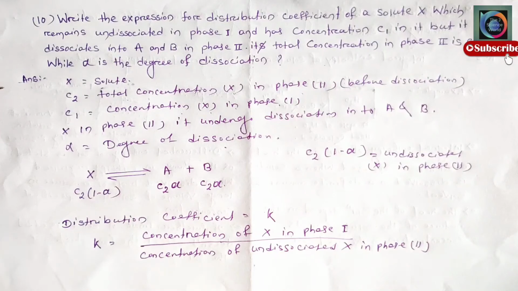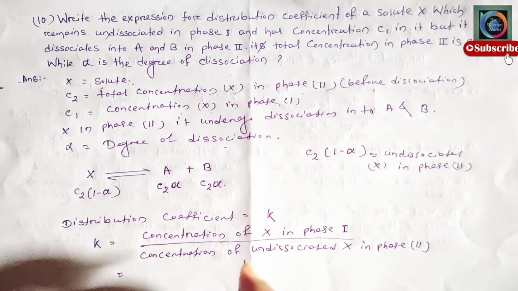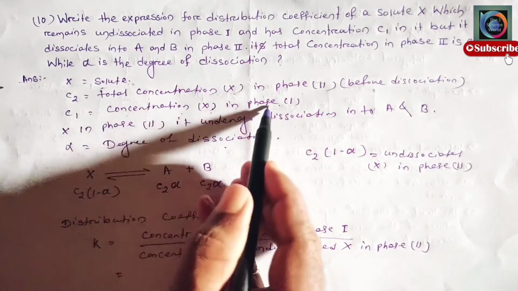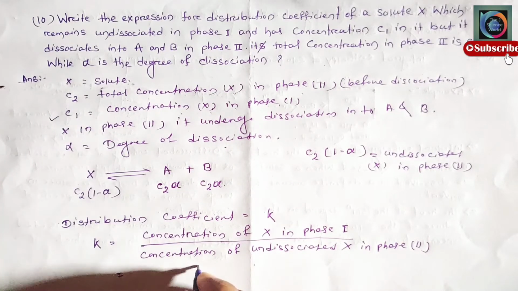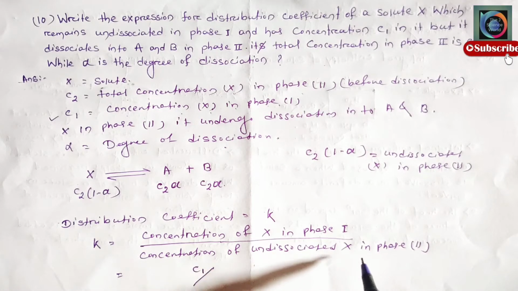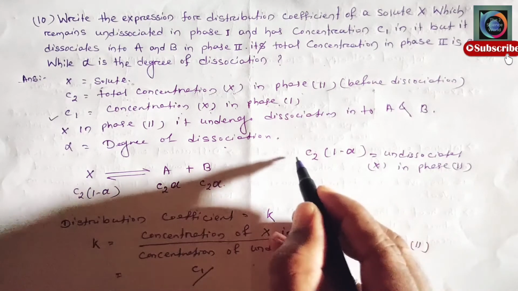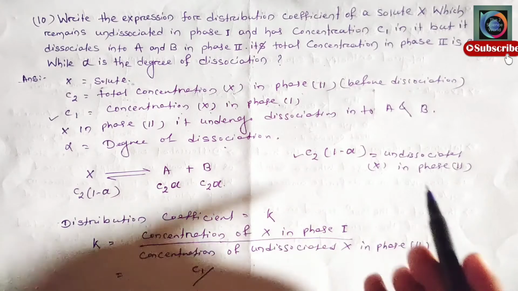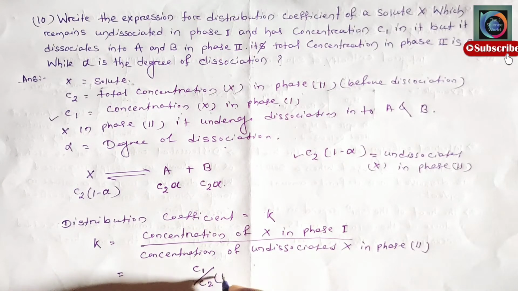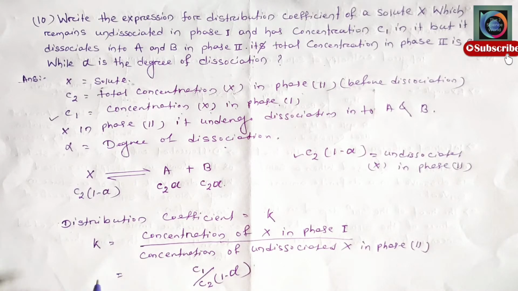We already discussed: the concentration of X in phase 1 is C1, divided by the concentration of undissociated solute in phase 2, that is C2 into 1 minus alpha. This is our distribution coefficient.